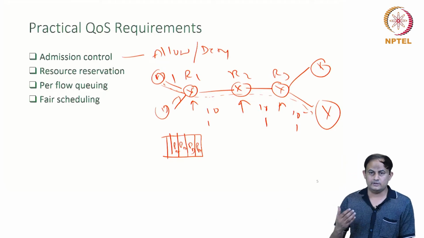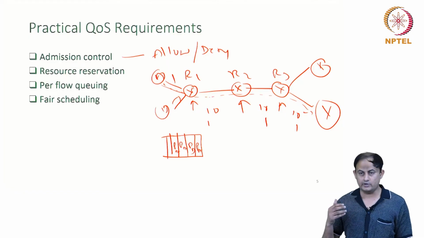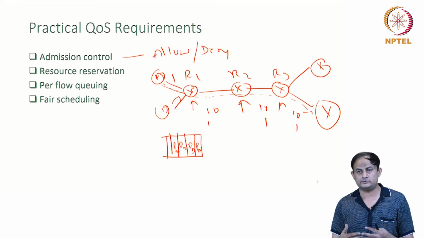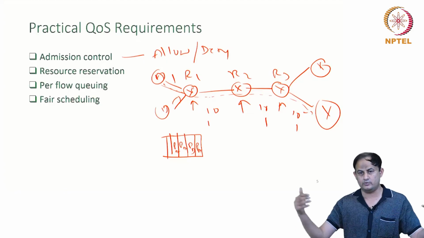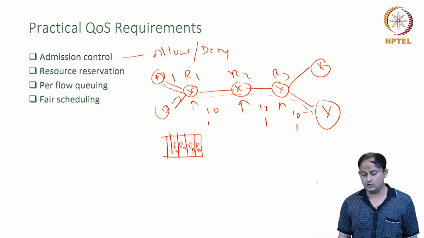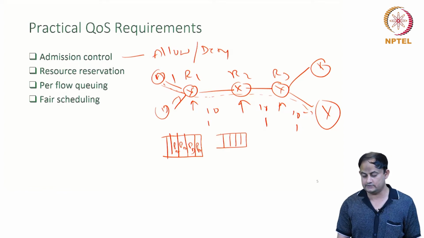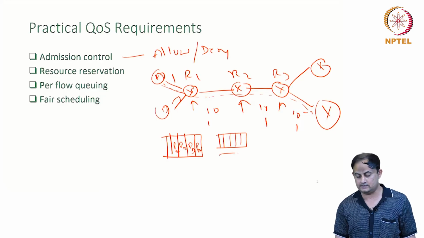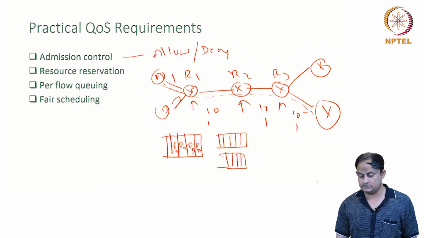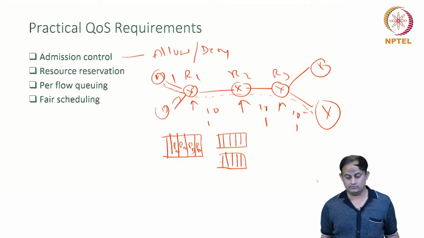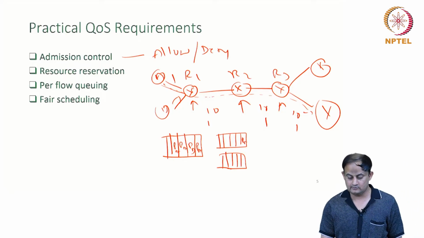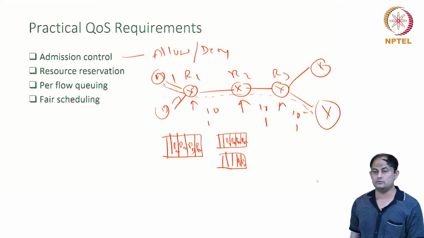So now instead of having one common queue for all the flows, that are all the communications flowing through this particular router R1, what I can do is I can have two different queues, one for the communication involving A, and the second one for the communications involving the host B. So all the packets originating from A will come and sit in this queue, and all the packets originating from the node B will come and sit in this queue.